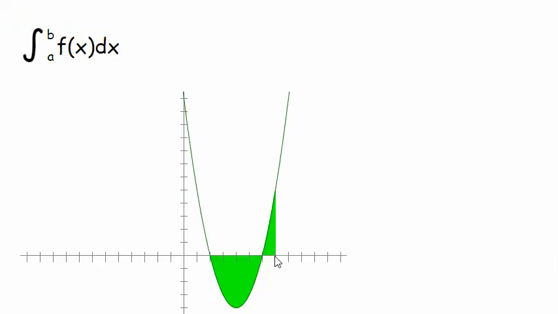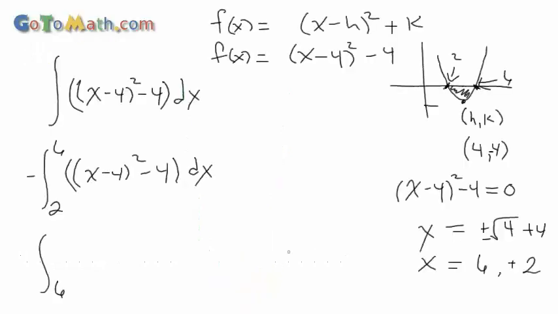7. 1, 2, 3, 4, 5, 6, 7. From 6 to 7 to find this area right here, from 6 to 7 of x minus 4 quantity squared minus 4 dx.